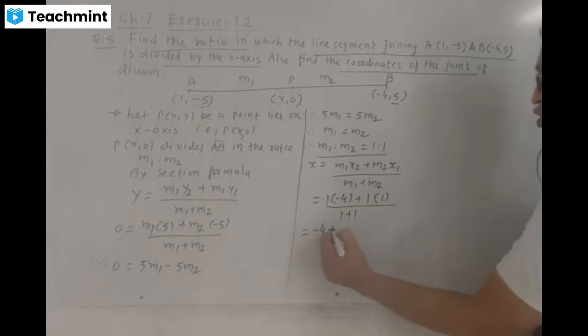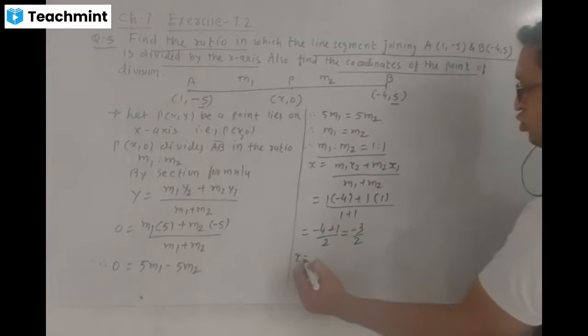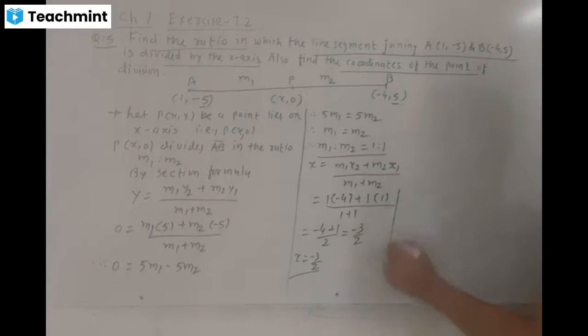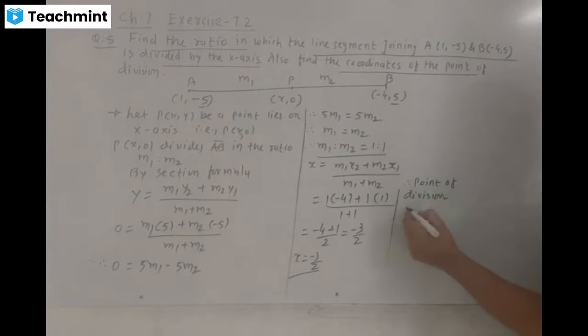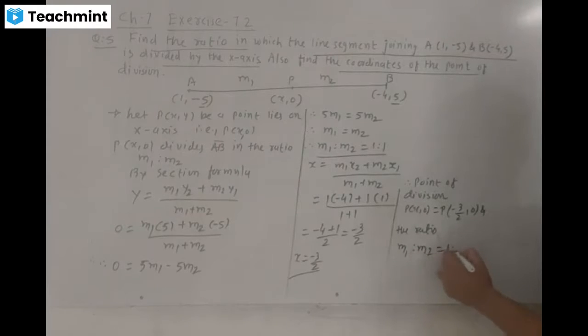It is (minus 4 plus 1) by 2, which is minus 3 by 2. Therefore the x coordinate is minus 3 by 2. Therefore the point of division P(x, 0) is P(minus 3 by 2, 0), and the ratio m1 is to m2 is equal to 1:1. That is the final answer.